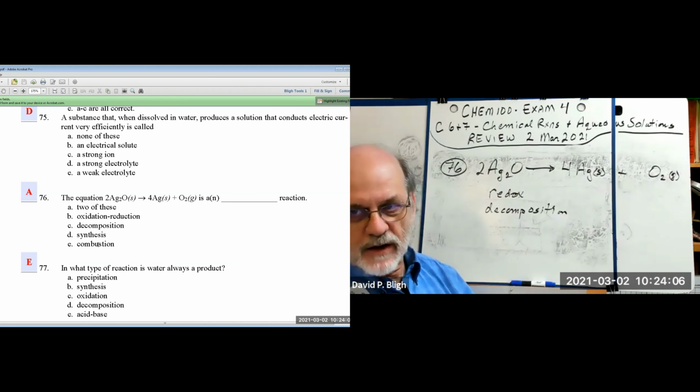Yeah, it's entirely possible, and it happens. In fact, if it didn't happen, we wouldn't be alive, because most of the biochemical reactions that occur in your body are redox reactions, and they occur among nonmetals. Now, there are metals that are involved occasionally, but for the most part, it's a non-metal. So B is true.